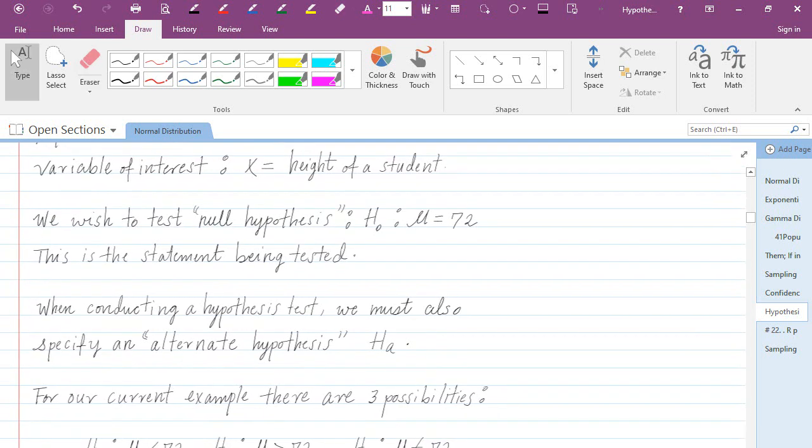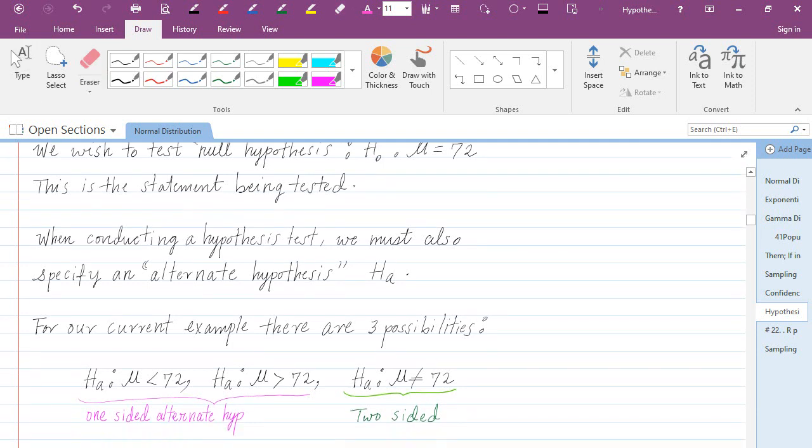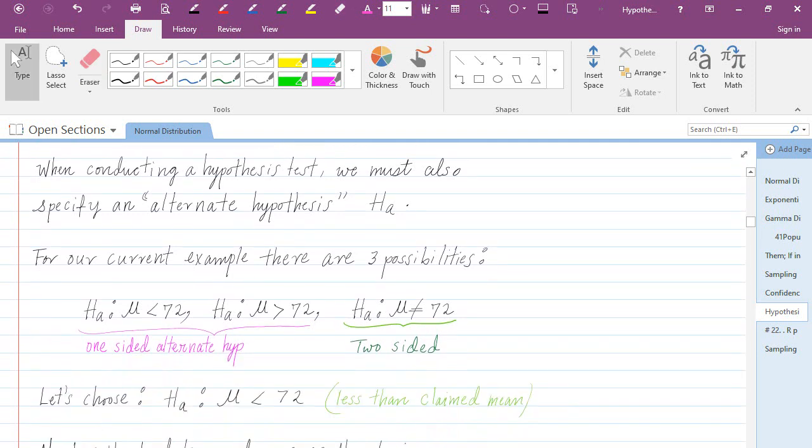Now, when conducting a hypothesis test, like I said, we must also specify an alternative hypothesis, which is denoted by HA. This is the statement that is suspected to be true instead of the null hypothesis. For our current example, there are three possibilities for the alternative hypothesis.